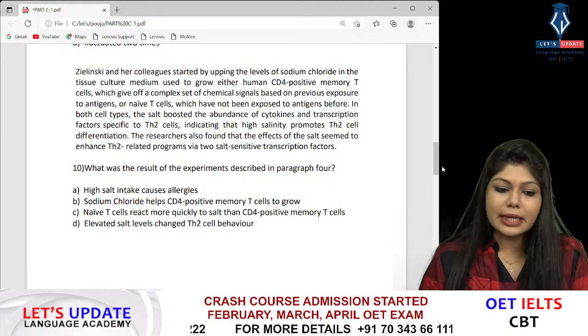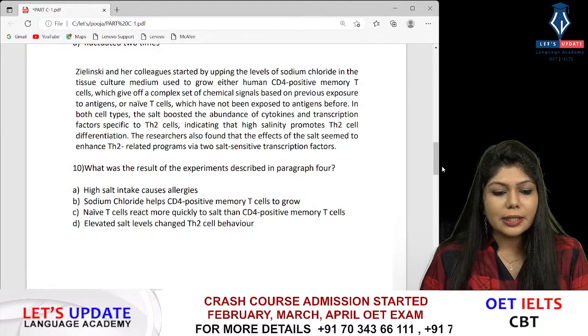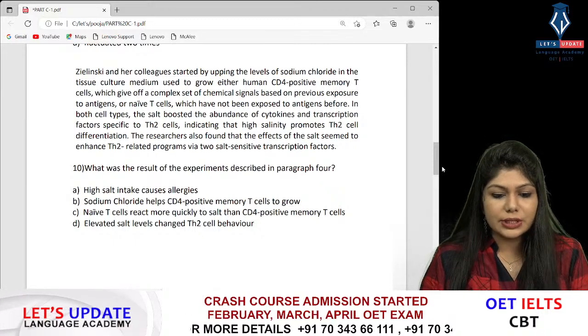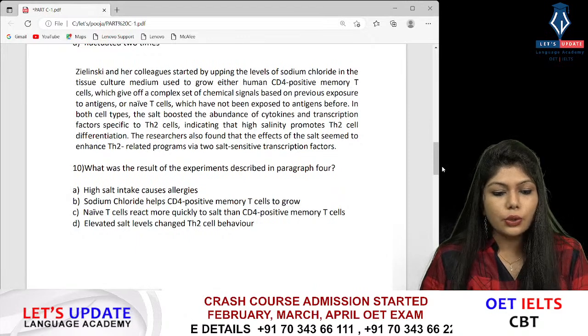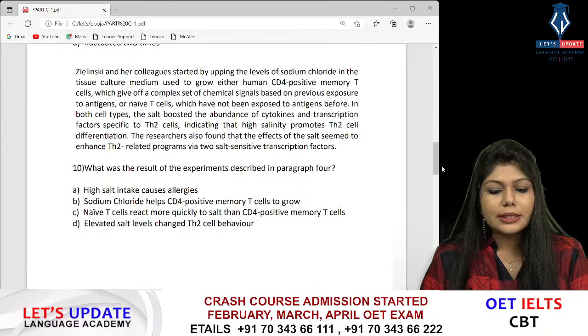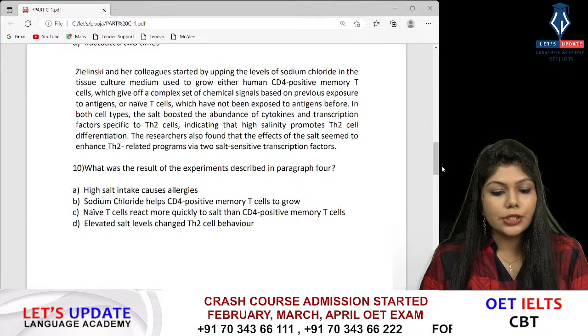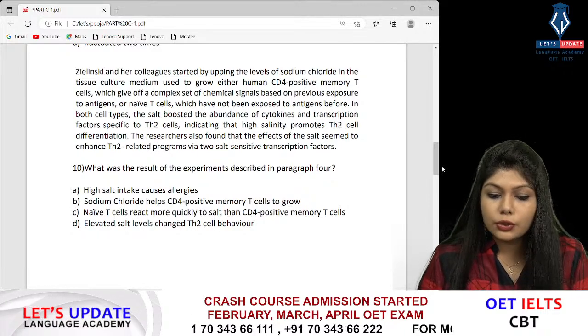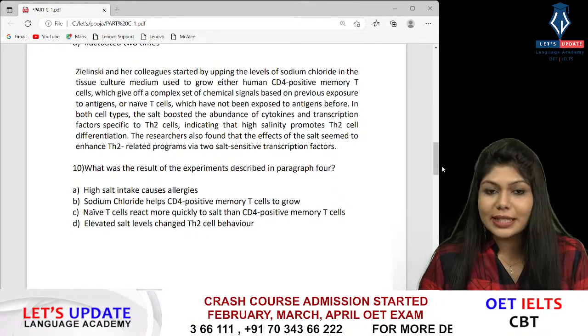In both cell types, the salt boosted the abundance of cytokines and transcription factors specific to Th2 cells, indicating that high salinity promotes the Th2 cell differentiation. The researchers also found that the effects of the salt seem to enhance Th2 related programs via two salt sensitive transcription factors. So that's the paragraph.